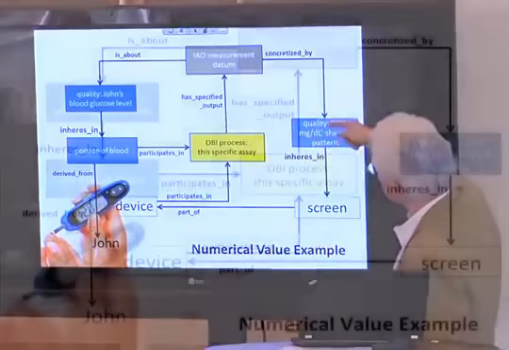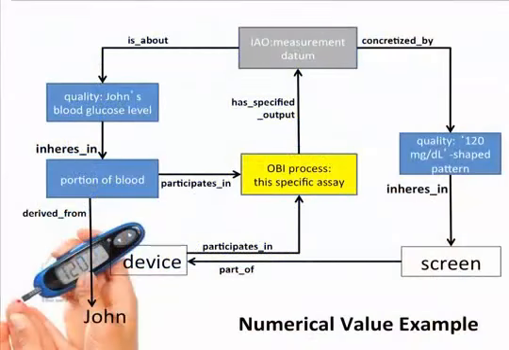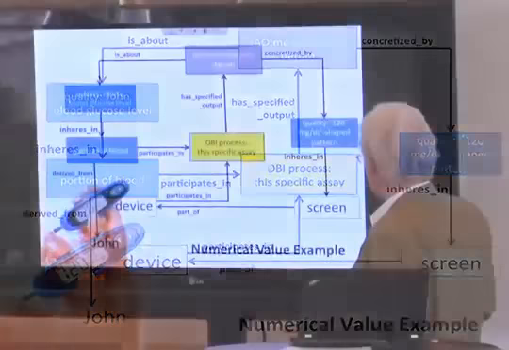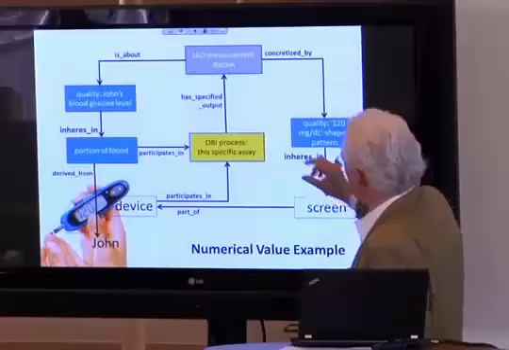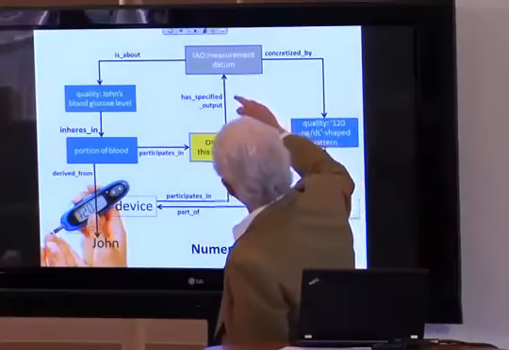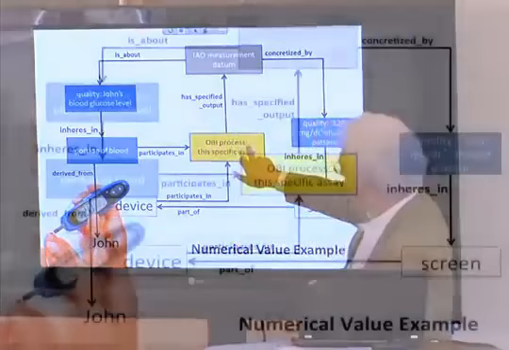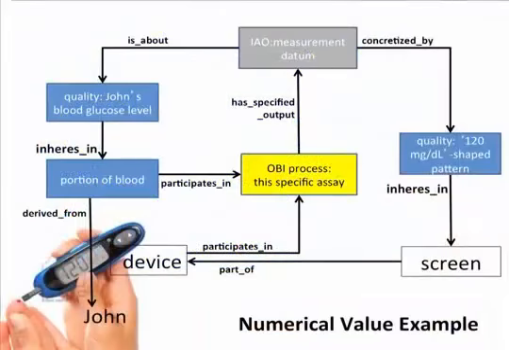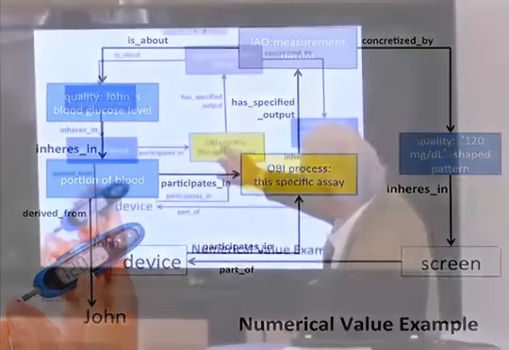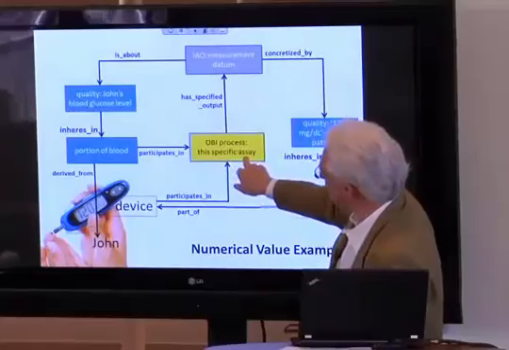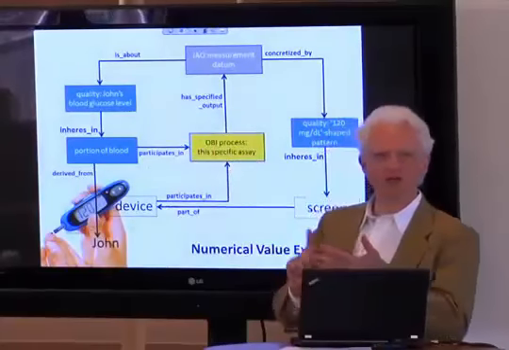So we have the quality, which inheres in the screen, which is a two-dimensional pattern, which is shaped like this, 120mg/dl. And the whole thing is centered around this Buffo occurrent, which is a process. It's an OBI process. OBI is the ontology for biomedical investigations, which is a specific kind of measurement assay, namely a blood glucose measurement assay.